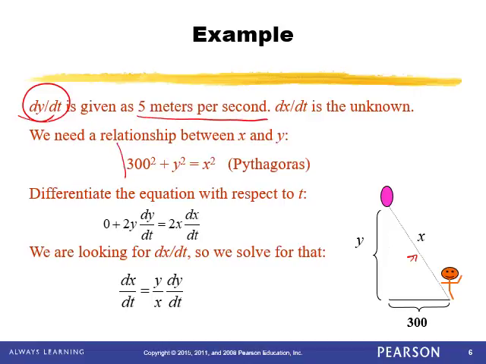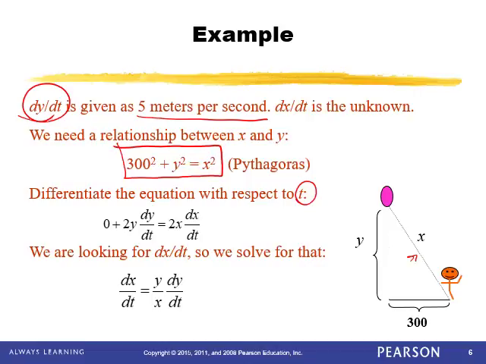So here we have this really cool relationship between x and y using the Pythagorean theorem. And this is all of the information that we have. For sure, we have 300 squared, we have y squared, and we have x squared. So if we take the derivative with respect to t, right, we have x, y, and t.